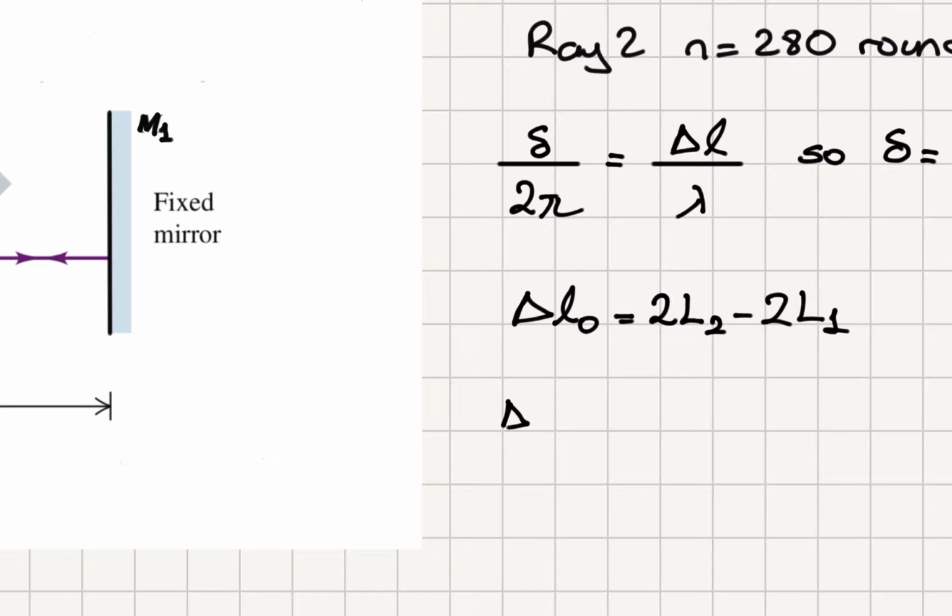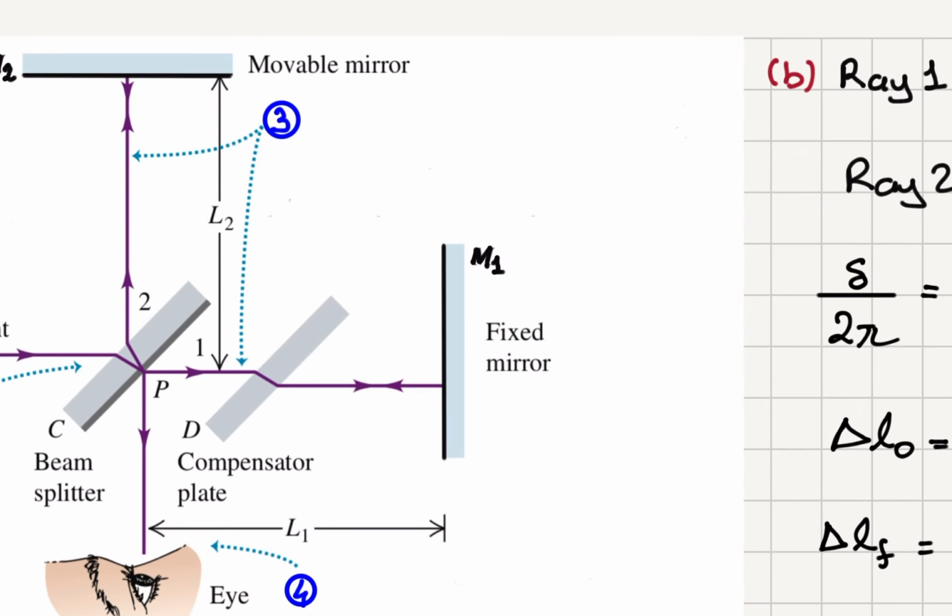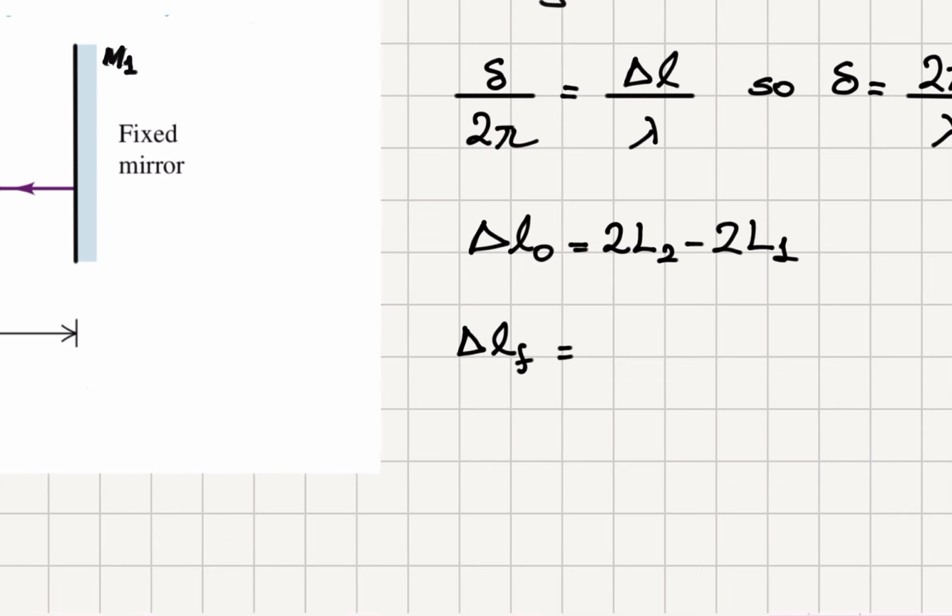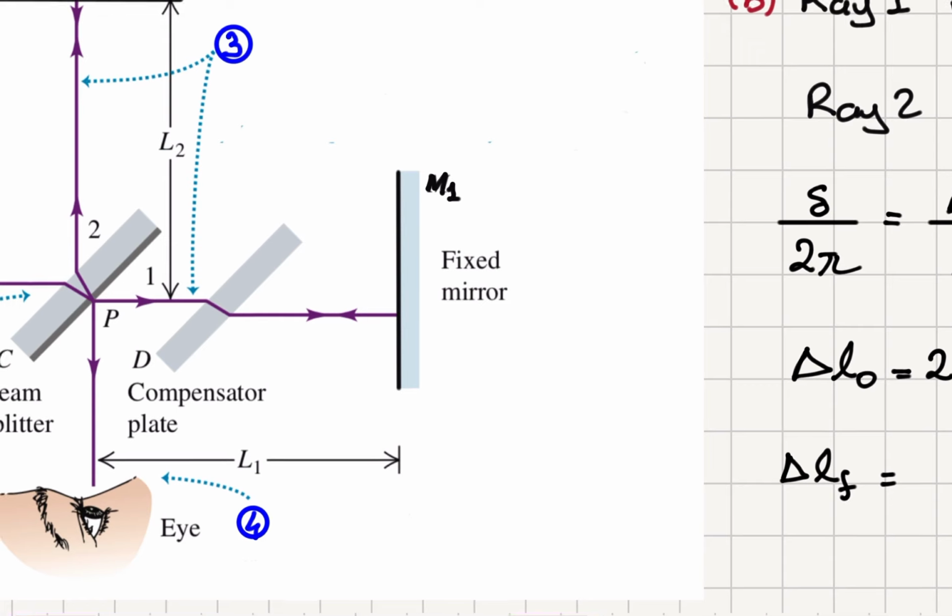What's the final path difference? What do I mean by the final path difference? This movable mirror M2 is displaced by an amount epsilon. So the distance that ray 2 travels becomes, instead of L2, L2 plus epsilon for one way of the travel.